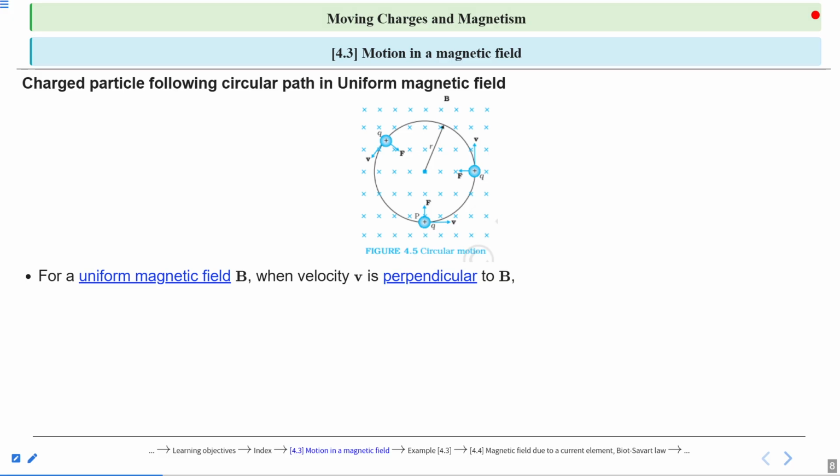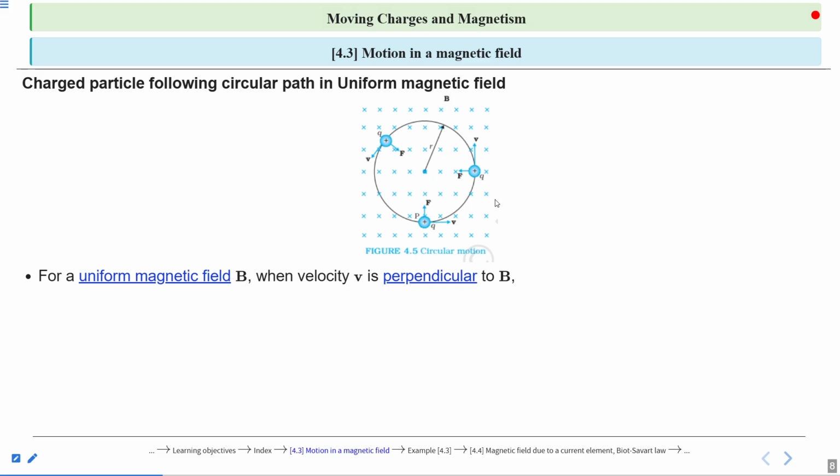So for a uniform magnetic field B, consider the case when velocity V is perpendicular to B. You can see in the diagram that the velocity is in the plane of paper, or we can say the plane of the screen. But the magnetic field, these cross signs, what do they mean? That the magnetic field is perpendicular to the plane of paper and directed inwards.